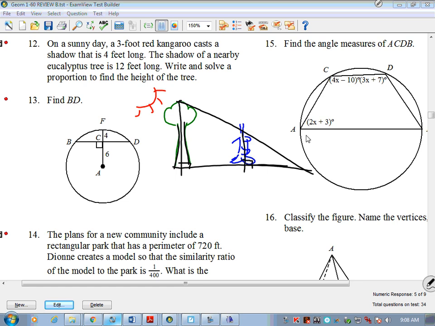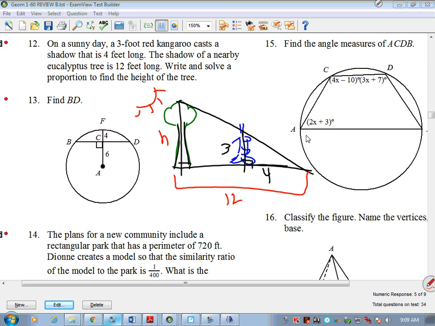On a sunny day, a 3-foot kangaroo casts a 4-foot shadow, and a nearby eucalyptus tree has a shadow 12 feet long. We want to find out the height of the tree.